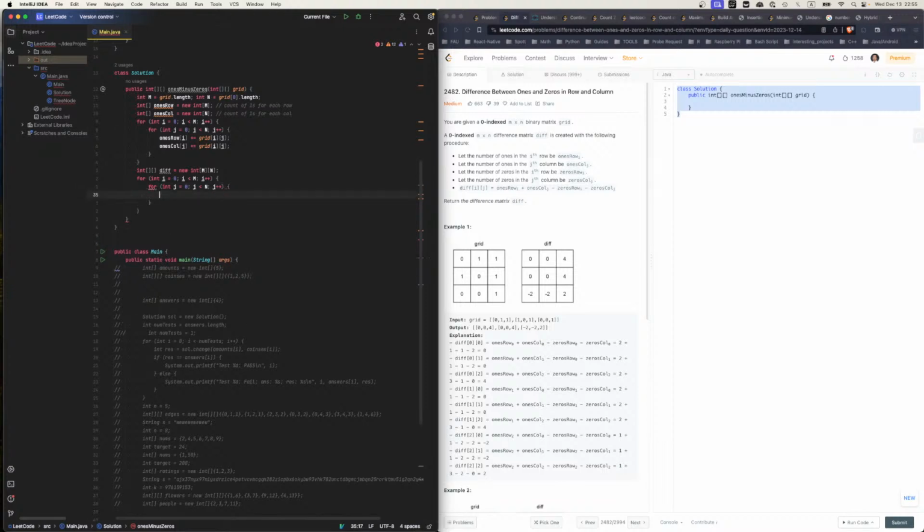And then we say diff[i][j] equals basically onesRow[i] plus onesCol[j] minus the zeros on this row, which is n minus onesRow[i], that's the number of zeros on this row, and minus m minus onesCol[j]. All right, then we return diff.